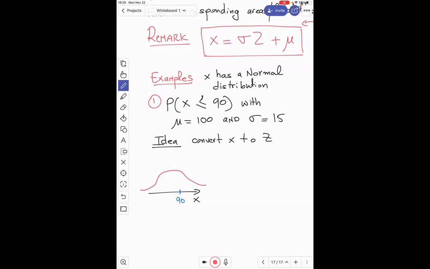That's the area of the region to the left of 90. The area of this region is exactly the probability that x is less than 90.